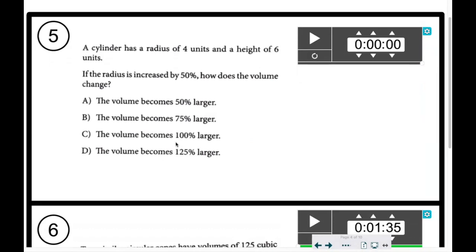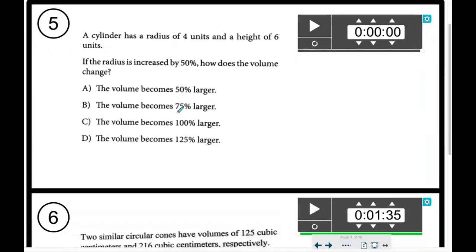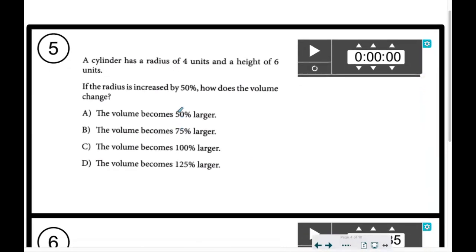Okay, so this one is actually an example where what I had said before doesn't necessarily work. There is a way to do it that way, but I'm going to do this one a different way.